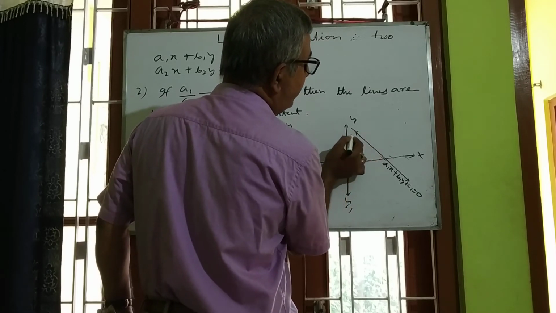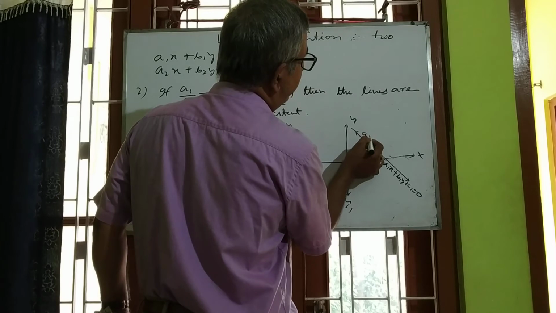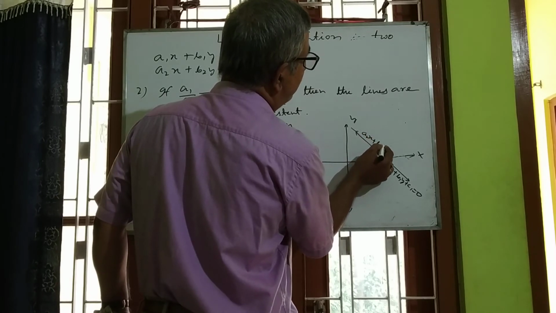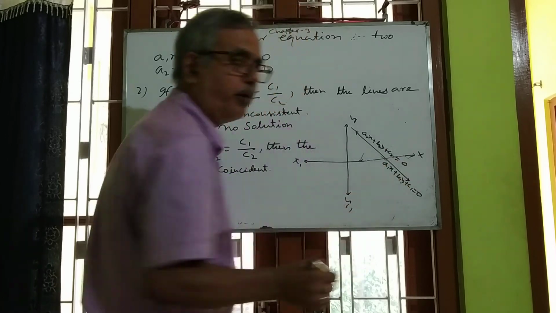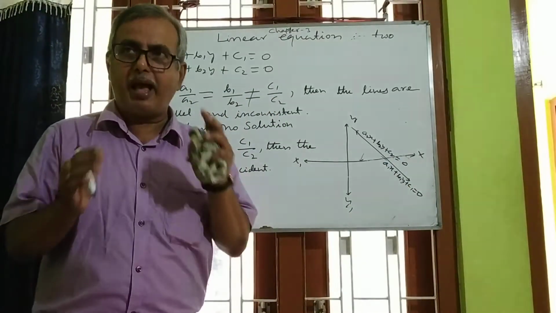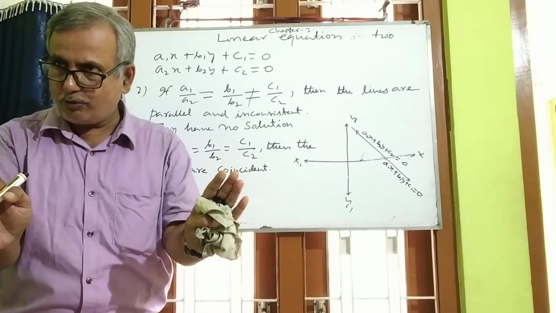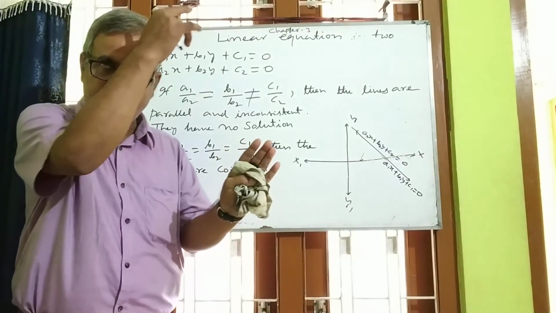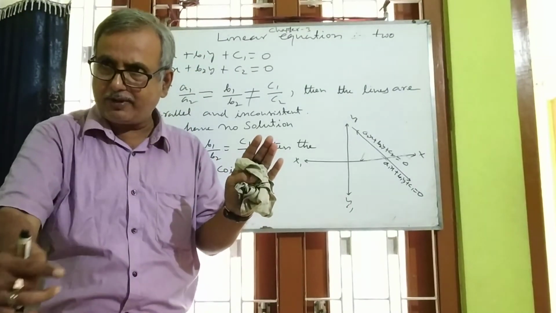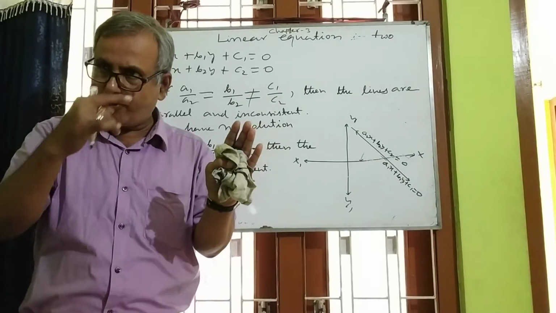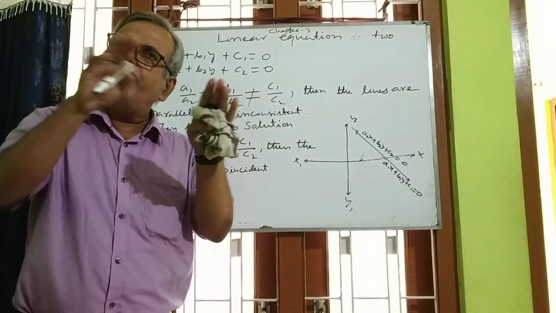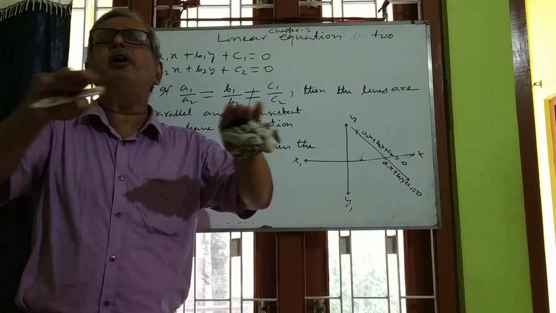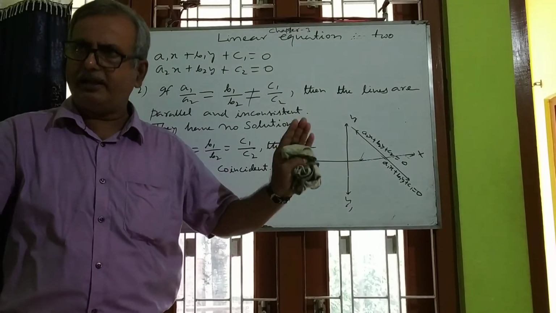This line is a2 x plus b2 y plus c2 is equal to 0. Clear? What you have to do? Two equations will be given, and when you draw one line from one equation and another line from the other equation, you will see both lines lie on each other. Clear?